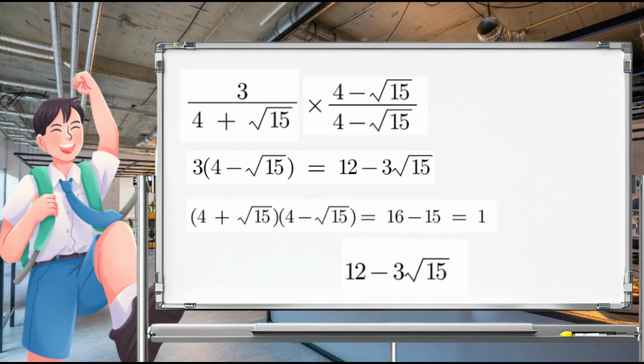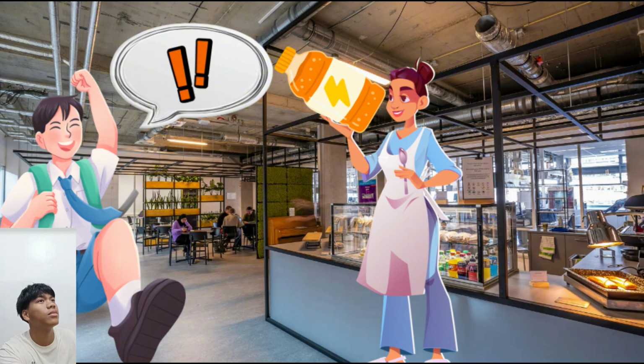The final answer would be 12 minus 3 square root of 15. And after solving this familiar problem, he claimed his prize food.